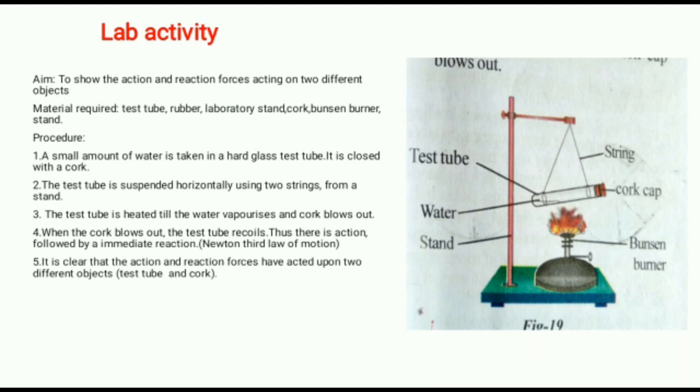Compare the directions of movement of the test tube and the rubber cork. Observe the difference in the velocity of the rubber cork cap and that of the recoiling test tube. They are in different directions. The cork cap is moving in one direction and the test tube is moving in the opposite direction.